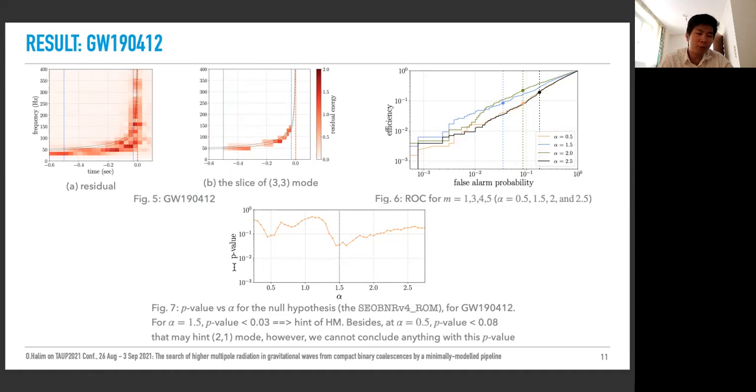And then when we plot p-value as a function of alpha, we see that when alpha equals 1.5, the p-value is the lowest, but not so low compared to other modes, basically, with a p-value of 0.03 for alpha 1.5, and besides there is also alpha 0.5 with p-value 0.08 that may hint at one mode. However, based on these p-values, we cannot conclude anything, basically.